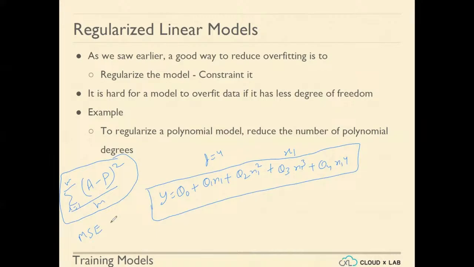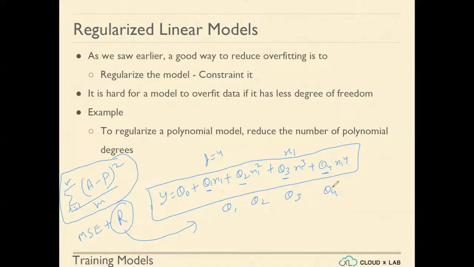So we will add one more term, the regularization term. What will this regularization exactly do? Regularization will penalize these coefficients, theta 1, theta 2, theta 3, theta 4, in such a way that if theta 3 is not required, it will become very, very small.